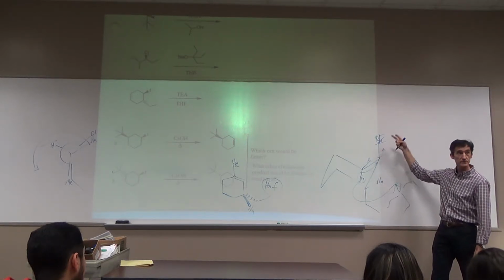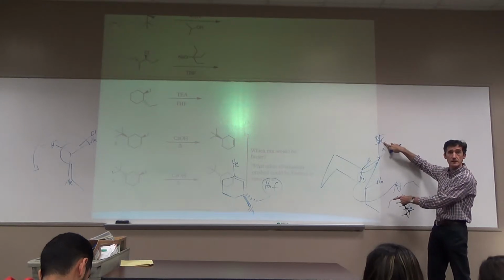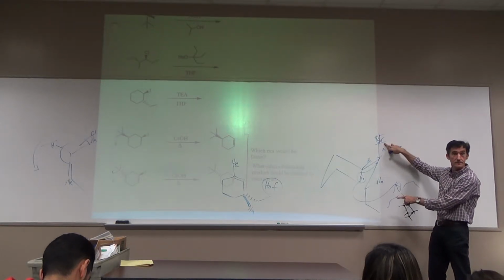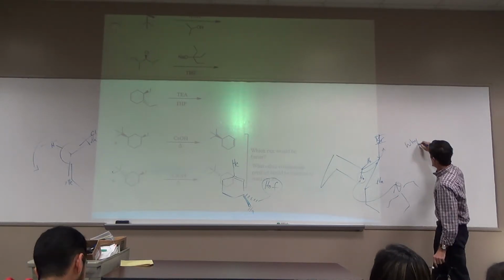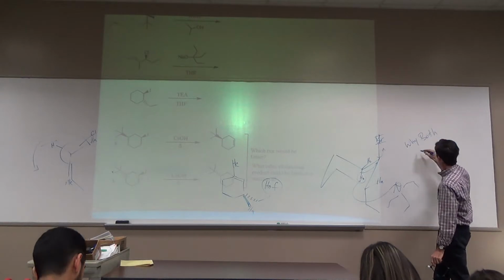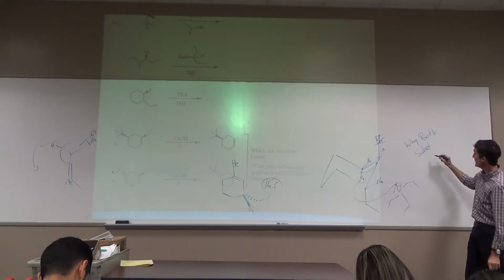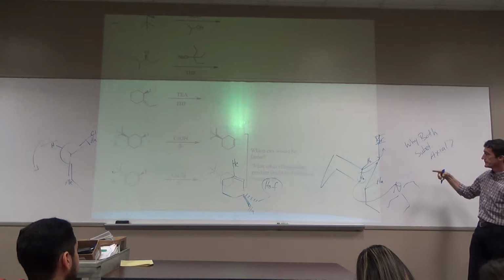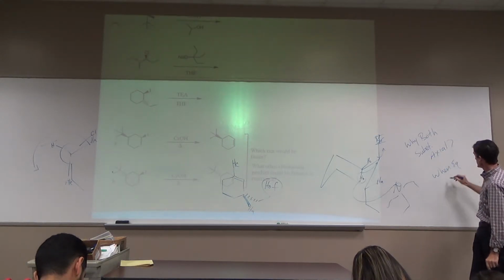Did you notice that when it eliminated over here, both groups were axial? Is that the best conformation? It's actually the worst conformation. We call the non-hydrogens the substituents. Why both substituents axial, when equatorial is preferred, right?